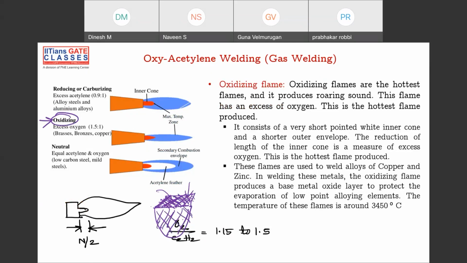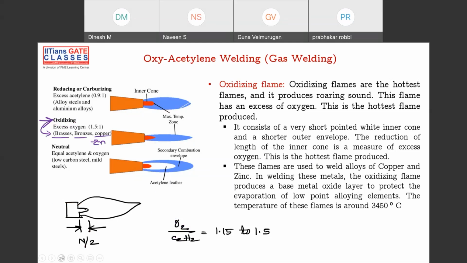You don't want this molten metal to evaporate. Hence, you are allowing the oxidation to occur, and this oxidation layer will act as protection against evaporation of your alloy material in the weld. Okay, so that's the reason why you are using this oxidizing flame for brass, bronzes, copper, zinc, and all these things.